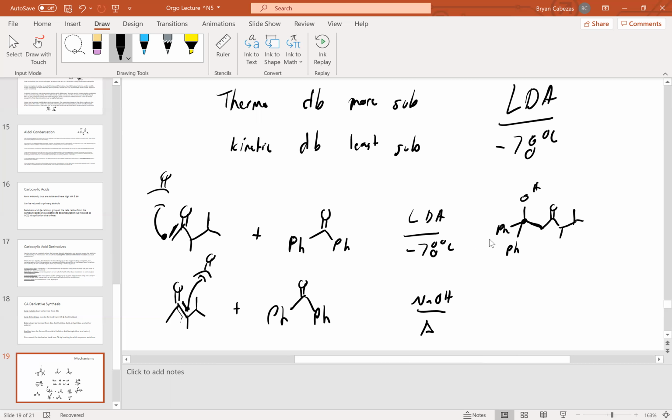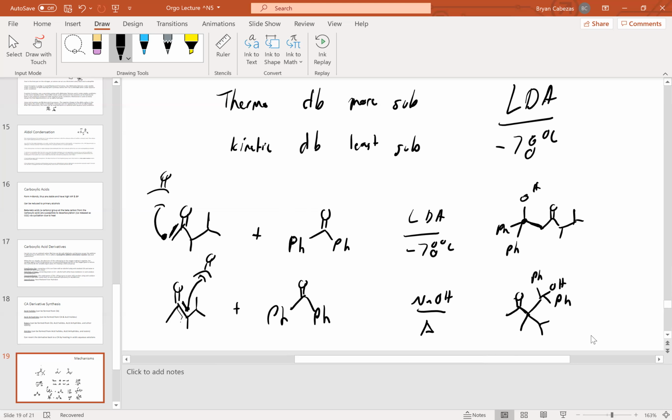And now let's look at our NaOH. The product is going to look like this, and all you really have to do is remember where your attack was, and then draw accordingly. So you have the Ph here, the OH here, and we have the Ph here.